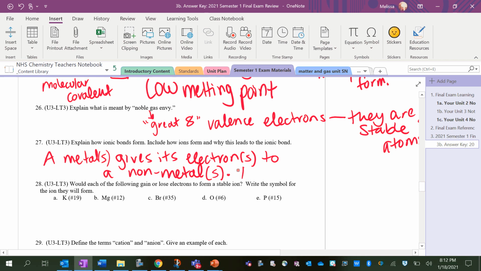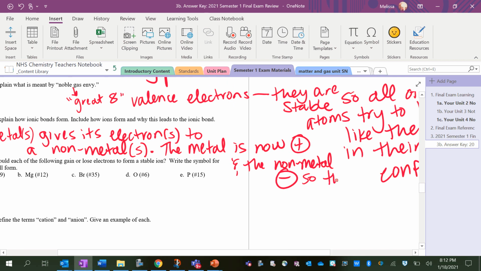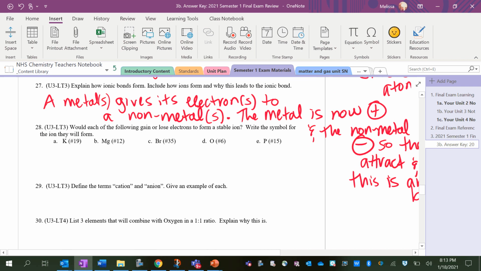So the metal is now positive, and the nonmetal negative. So they attract, and this is an ionic bond. Okay, and we're going to look at an example of that here in a minute.